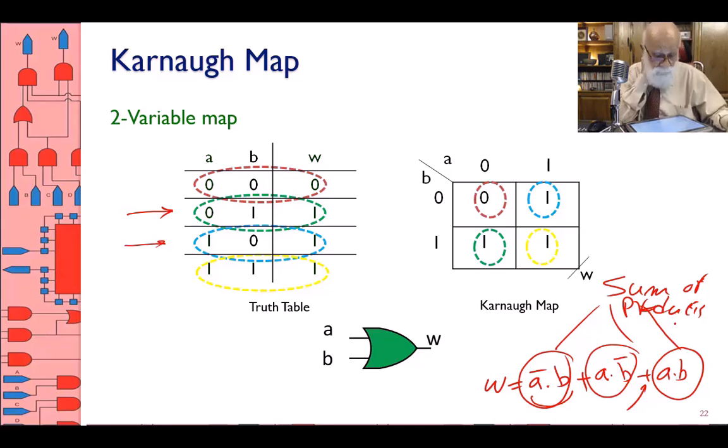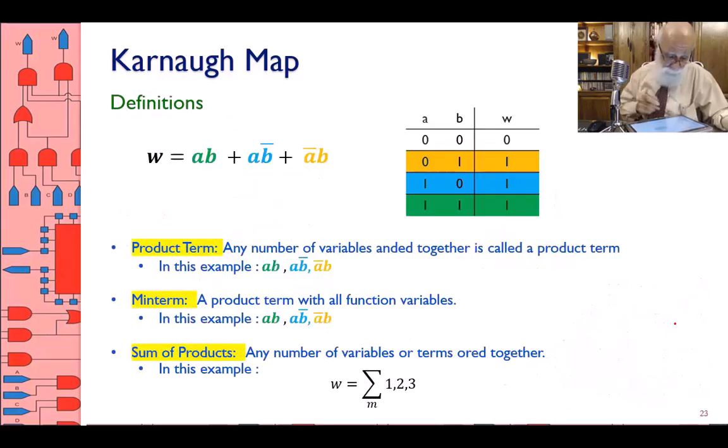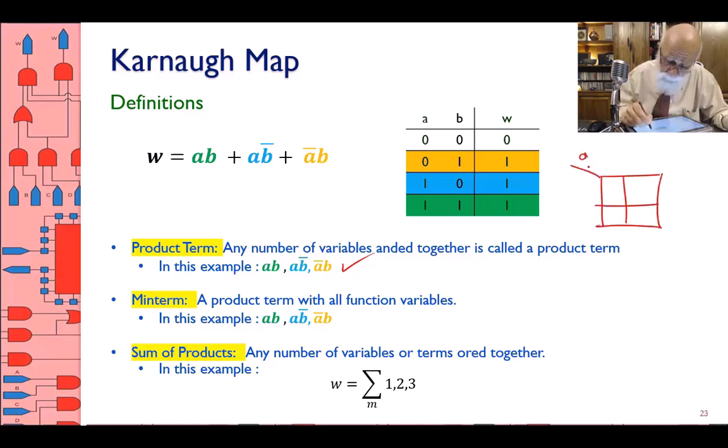All right. So this is a product term. I have 3 product terms, each one corresponding to a row, and I'm going to show you the Karnaugh map here. A, B, 0, 1, 0, 1.